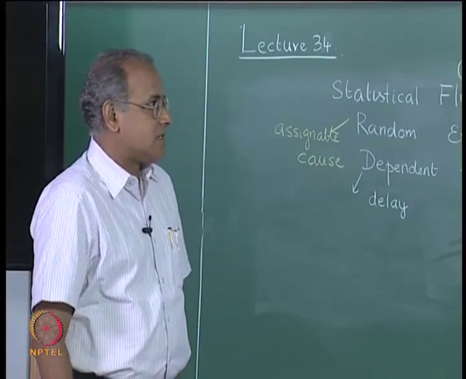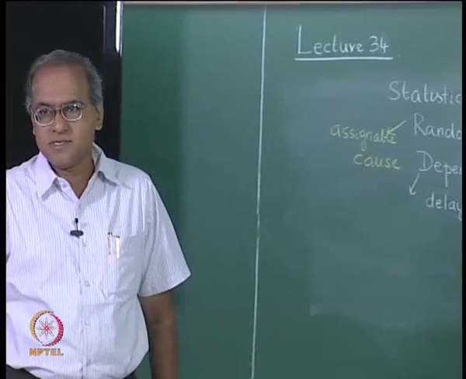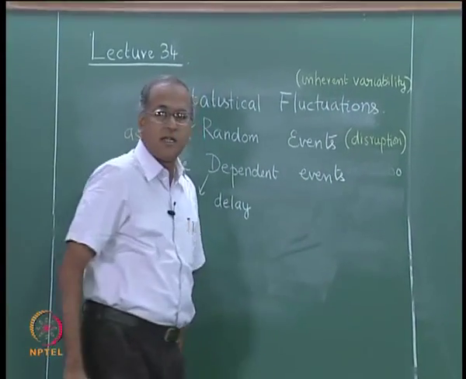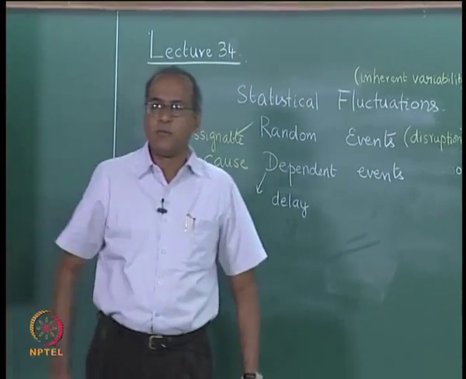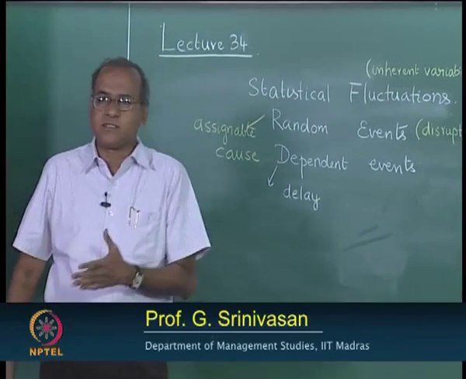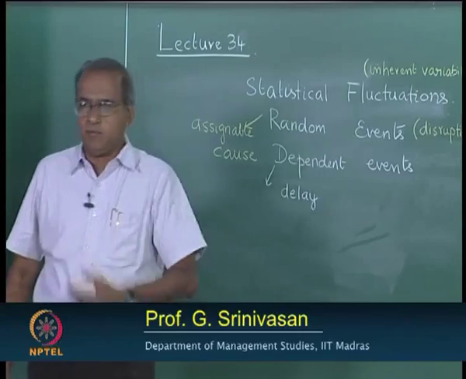We continue the discussion on statistical fluctuations. In the previous lecture we defined statistical fluctuations, random events and dependent events. Statistical fluctuations are a result of inherent variability in the system and they essentially cancel out each other with passage of time.